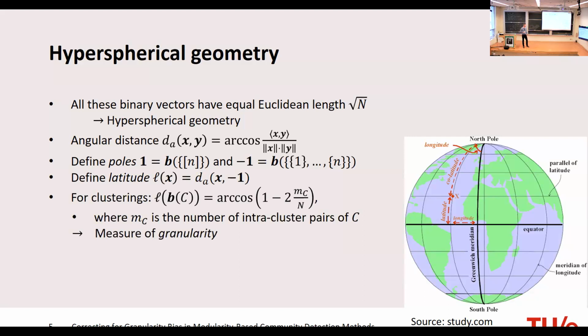If the vector is a clustering, then this latitude is given by this function, which only depends on M_C, the number of intra-cluster pairs. The number of intra-cluster pairs is a measure of granularity of the partition, so equivalently, the latitude is also a measure of granularity. If the latitude is close to pi, then you have large communities, and if it's close to 0, then you have small communities.